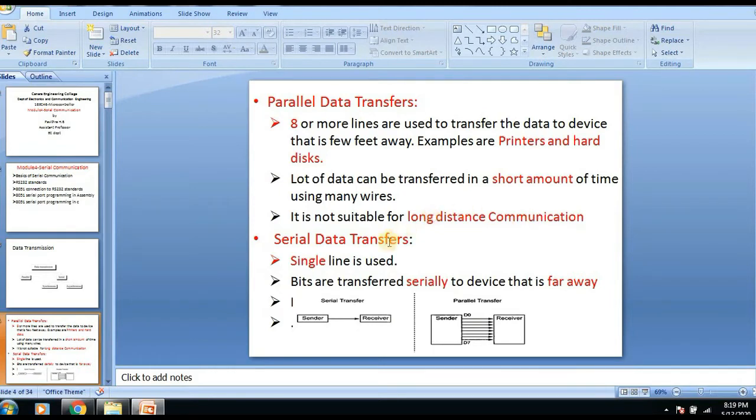In case of serial data transfer, to transmit the same data, we use a single line. Here we have a sender and a receiver, and only one line between them. If there is 8-bit data, then we need to transmit it bit by bit. In our discussion, we will be considering serial data transfer.